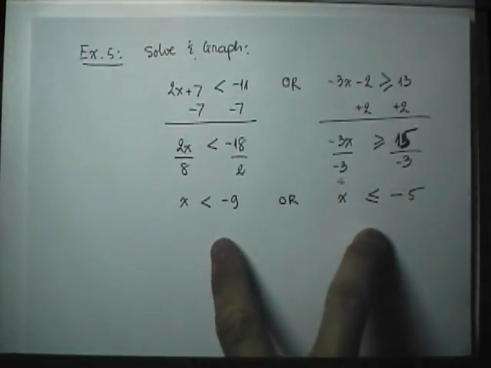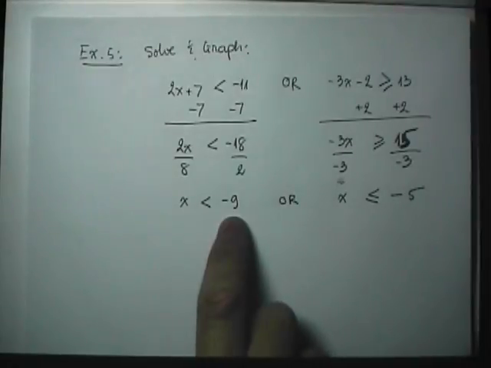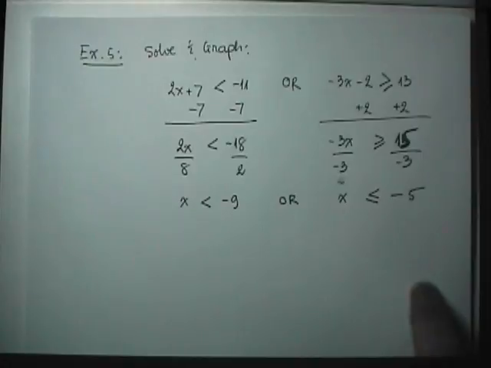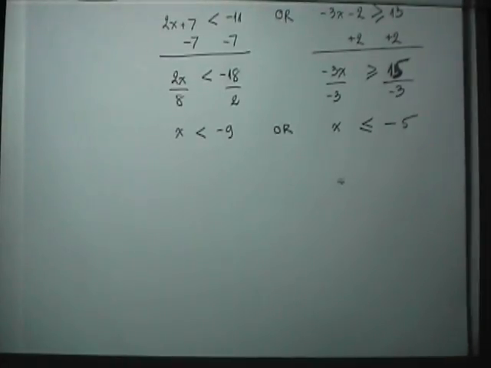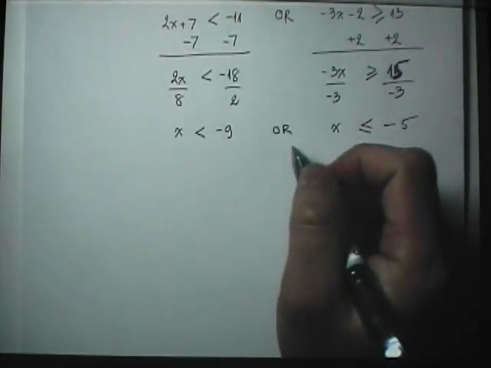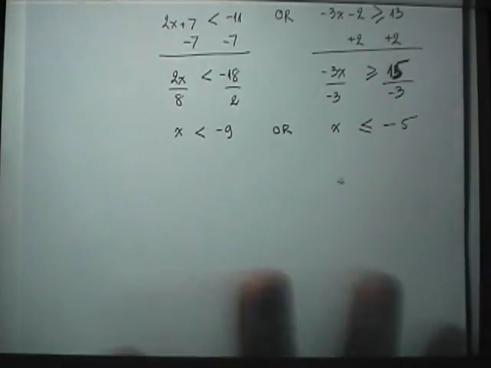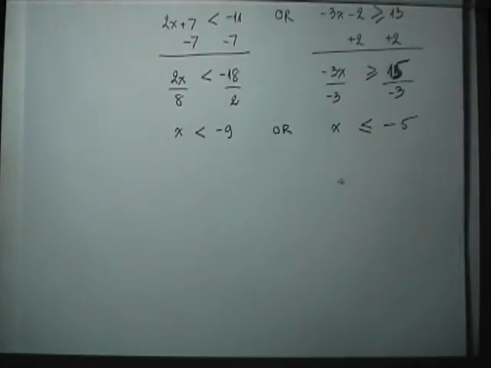A solution that works for that system is x less than negative 9 or x less than or equal to negative 5, and that makes it work. So that's the logical equation. And once again, please do not try to bring all of this into a one three-sided combined version of the inequality. That's way incorrect.